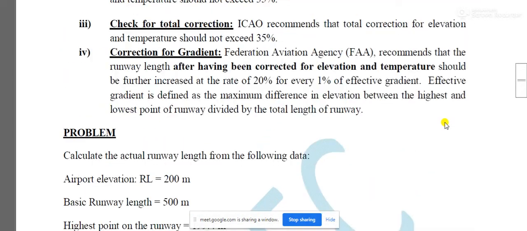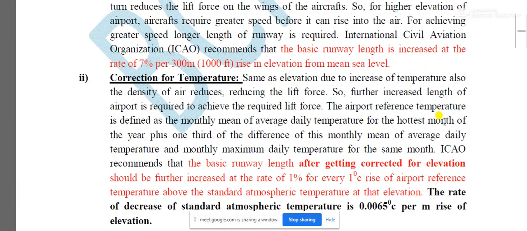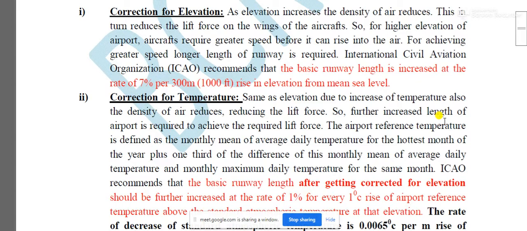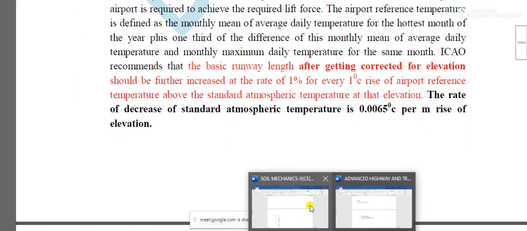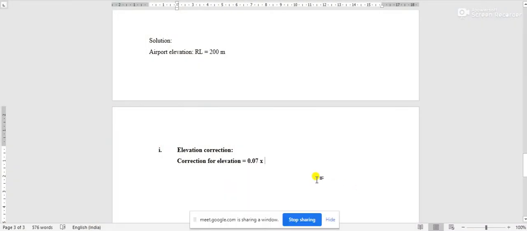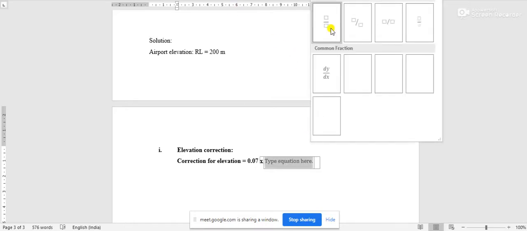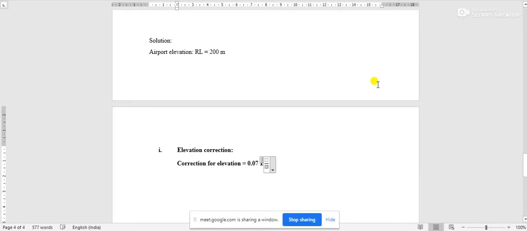but here the elevation is 200 meter. That means 200 by 300, because this 0.07 is for 300 meter, and you have to make the correction for 200 meter.